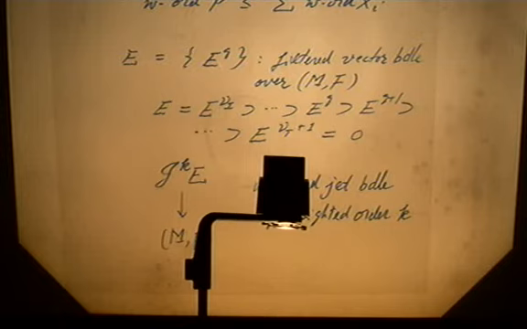That is, E is a sequence of vector bundles, such that E itself is E nu 1, and so on down to E nu q.